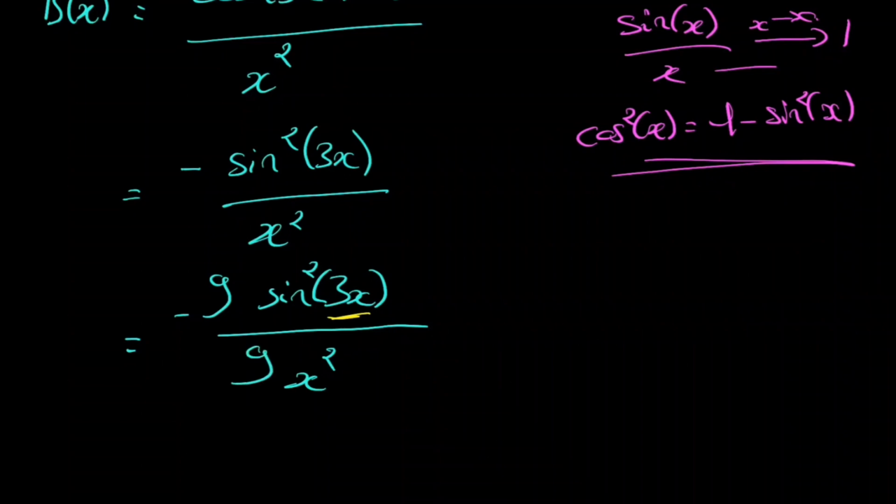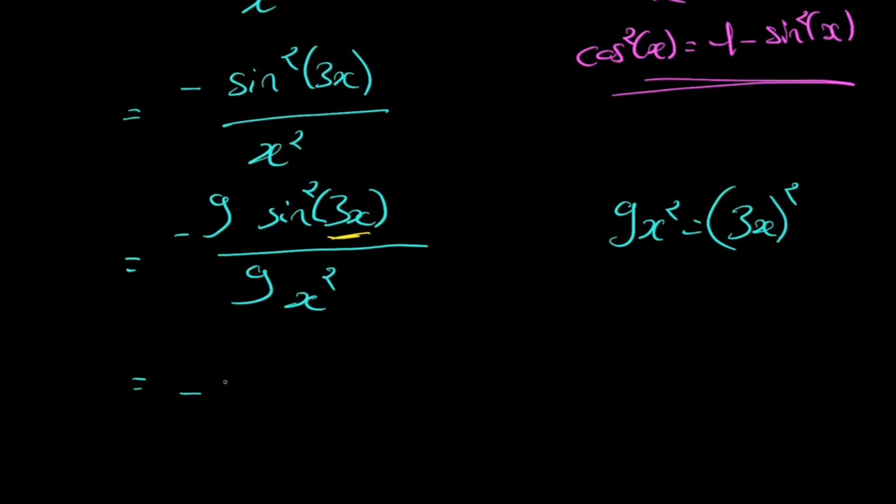So we will have 9 here, because we want 9x squared to be equal to 3x everything squared, because we want to have the angle inside of the sinus squared as well at the bottom. Okay, is equal to minus 9.